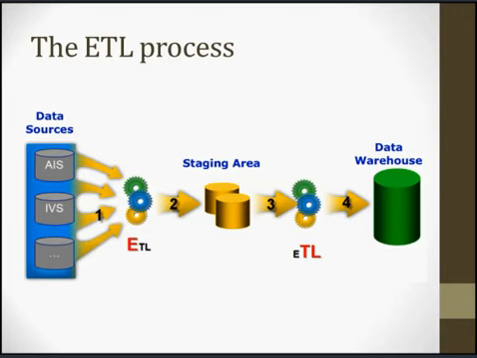Here you can see an ETL process, including a staging area, which is a common practice in the industry. As discussed in the previous video, data is first collected from multiple sources, brought into a common staging area, and then is cleansed and loaded into the final data warehouse. Generally, data is simply extracted and loaded into the staging area first without any transformations.